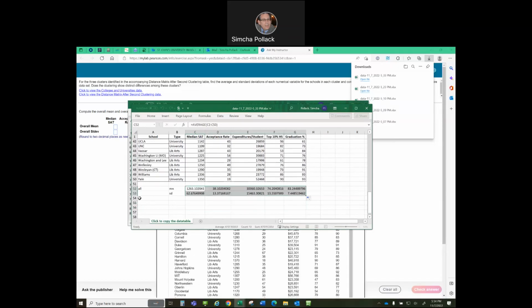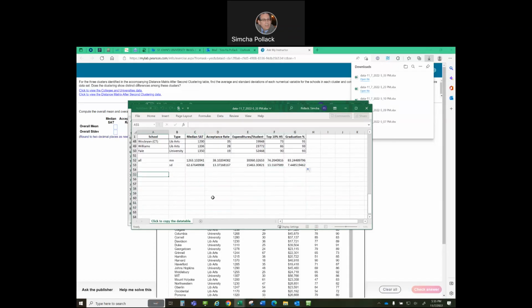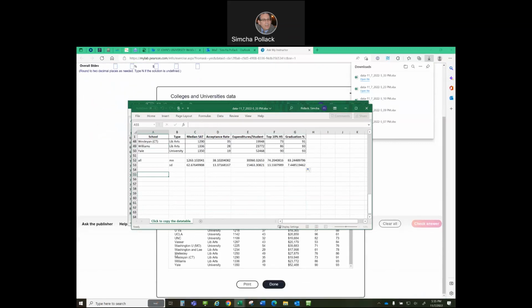That was for everybody. Then we want to do the same thing for the cluster. The cluster is defined as Wellesley plus Wesleyan. So we'll do Wellesley, Wesleyan, and we want the mean and standard deviation.